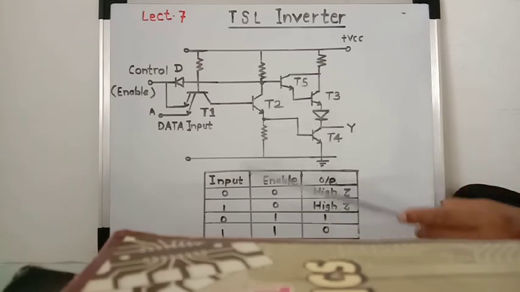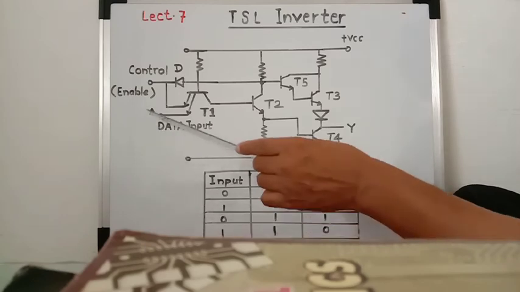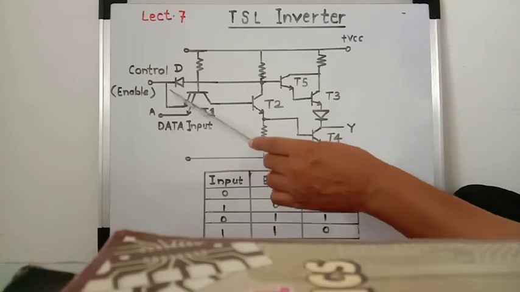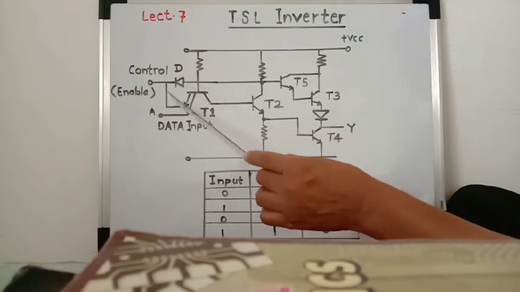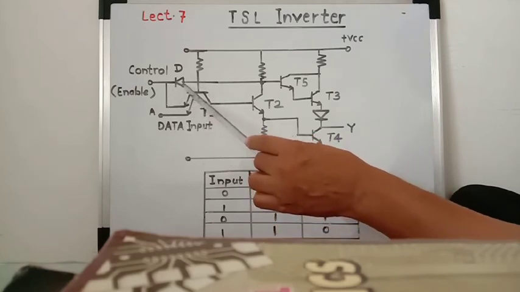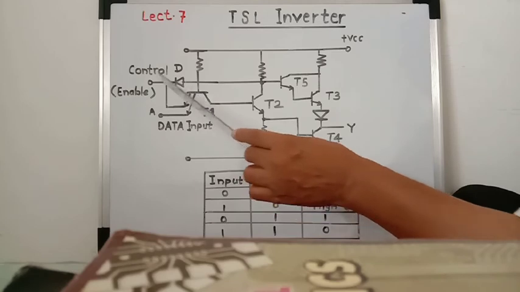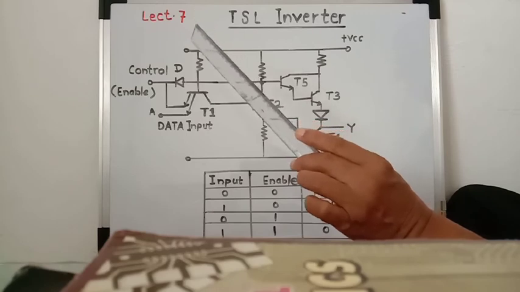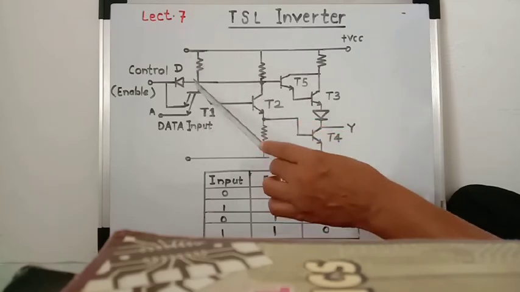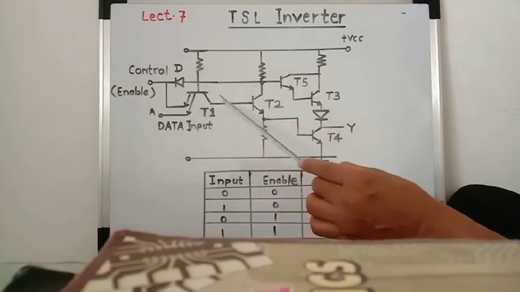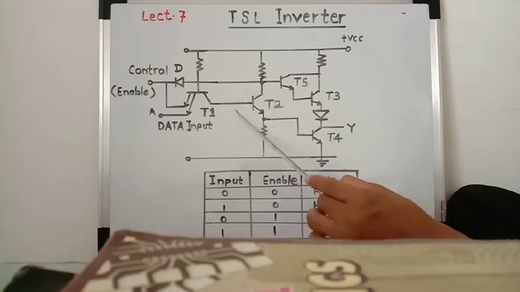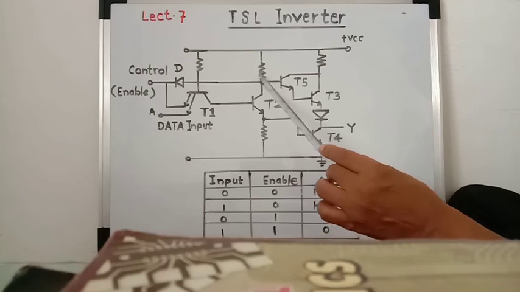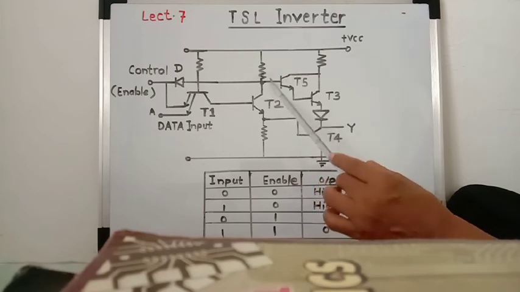Now see here, if data input is 1 and enable is 1, then transistor T1 is cut off, and since enable is 1, diode D becomes reverse biased. Since T1 is cut off, transistor T2 is turned on, and its collector goes low. Therefore transistor T5 is cut off.